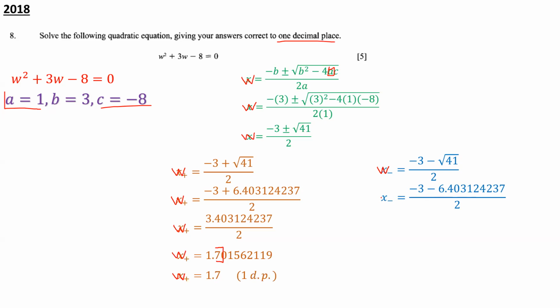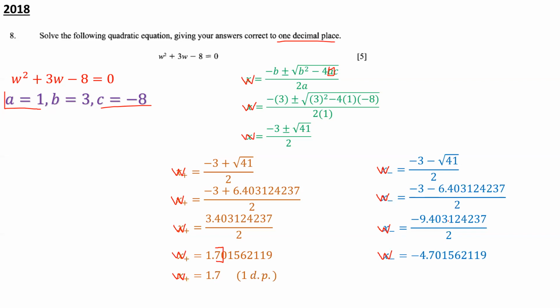All right. Again, it's still W negative. Okay, so what do we do at this point? Well, what we need to do is minus -3 and this quantity here. And we get -9.403124237 all over 2. Again, this is still W negative. And then what we're going to do here is divide.